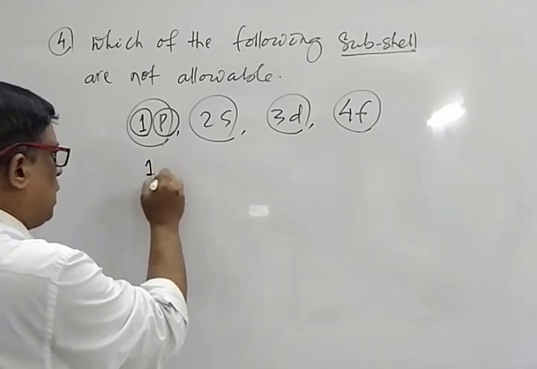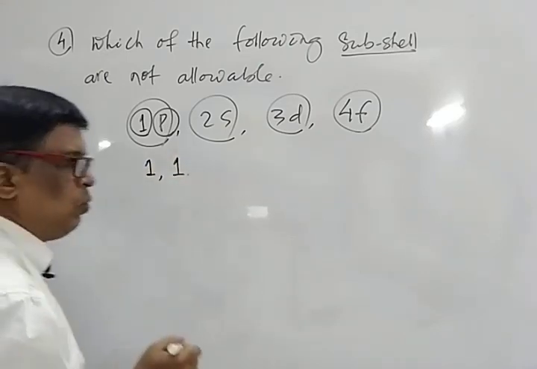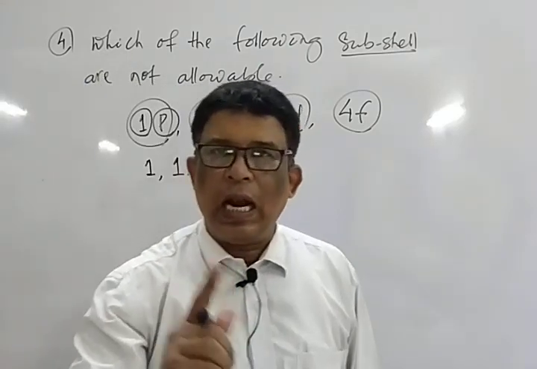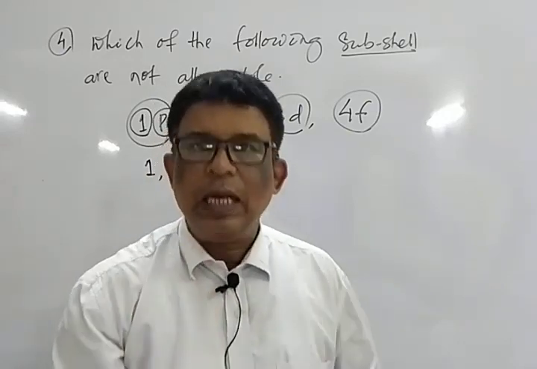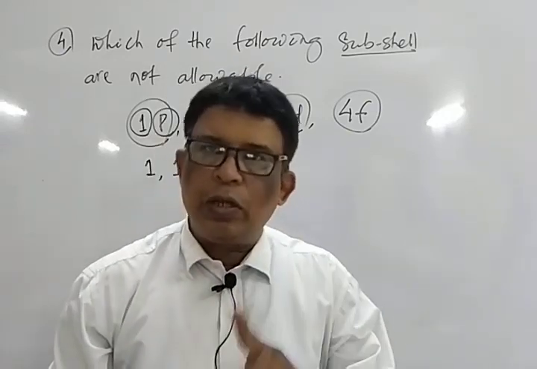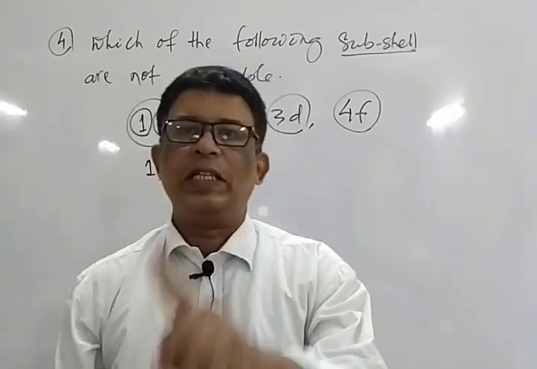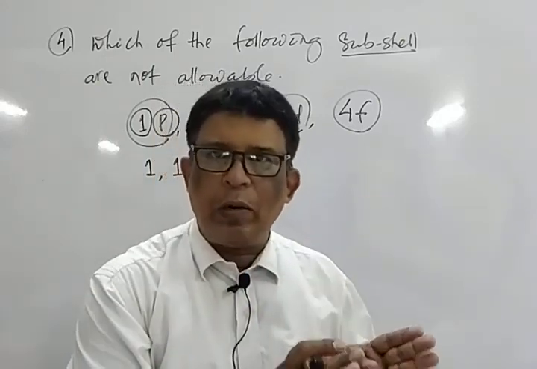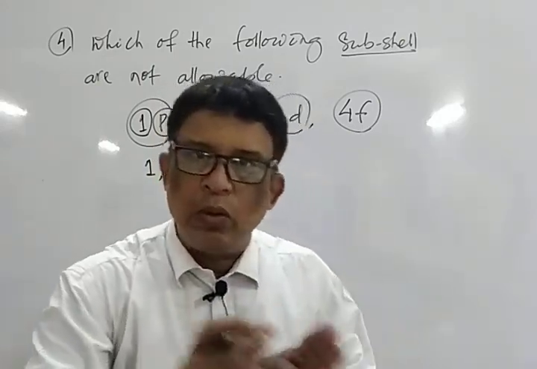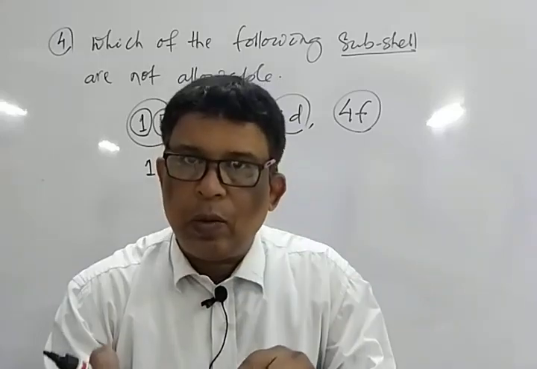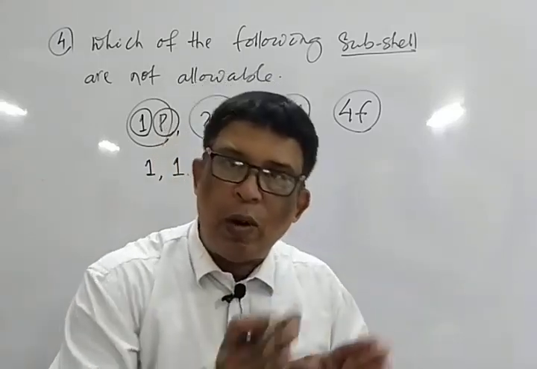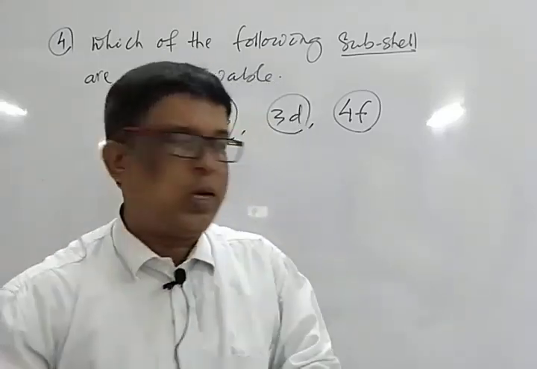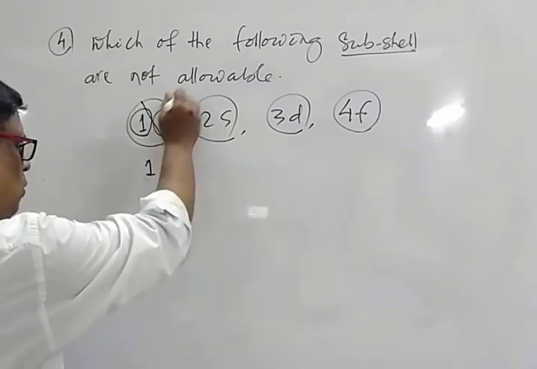Principal quantum number is 1, azimuthal quantum number is 1. That means it is not allowable, because we know that azimuthal quantum number must be less than the principal quantum number. Principal quantum number ranges from 1, 2, 3 up to n, while azimuthal quantum number ranges from 0, 1, 2 up to n minus 1. So it is not allowable.